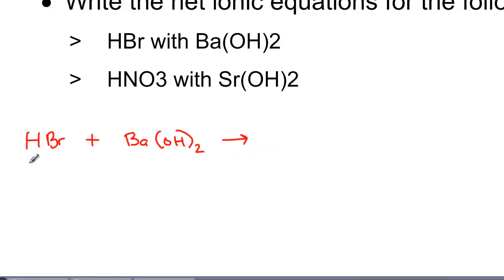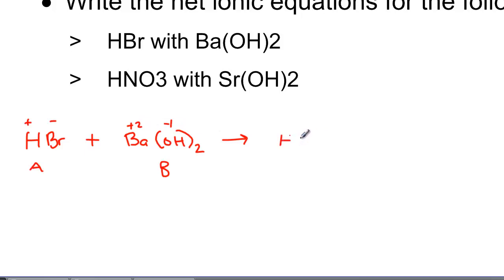I know that HBr is the acid. It starts with an H. And barium hydroxide is the base. And the base is those things that end with hydroxide. The pattern of chemical change says H and OH are going to neutralize one another to form a water.